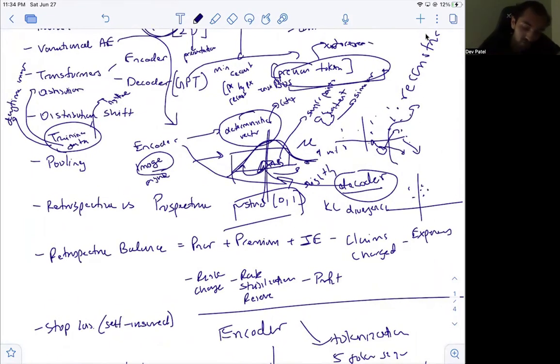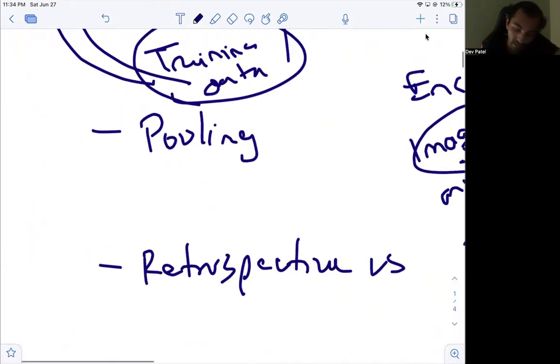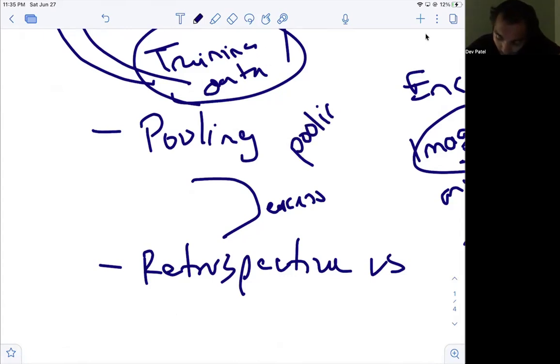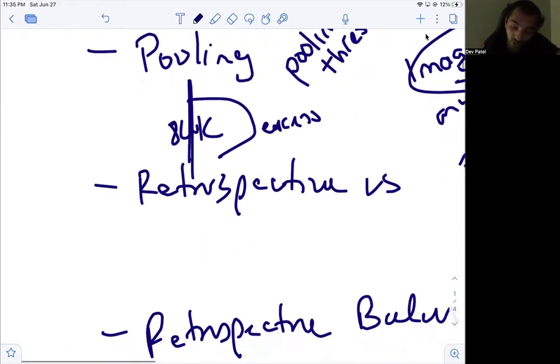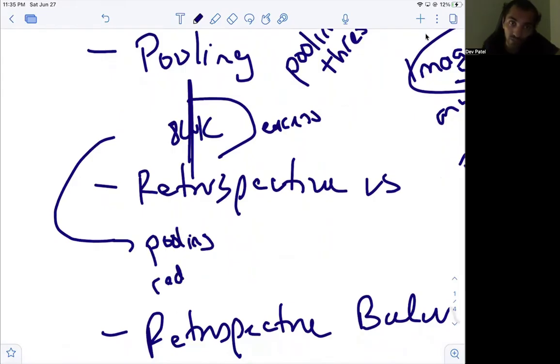Pooling is when the insurer says, okay, we don't want to pay these excess claims, so we're going to set this pooling threshold, saying that after 800K, that's the threshold, we're going to cut it off. But instead, we're going to create this pooling charge that we're going to redistribute to the other groups.